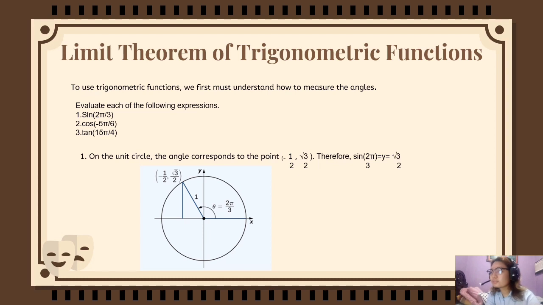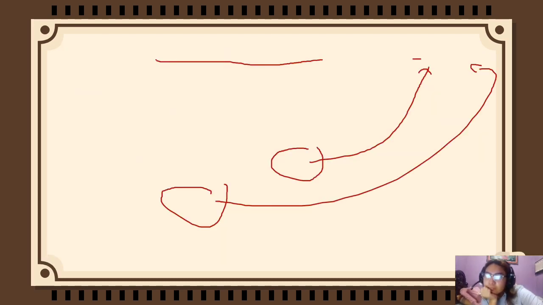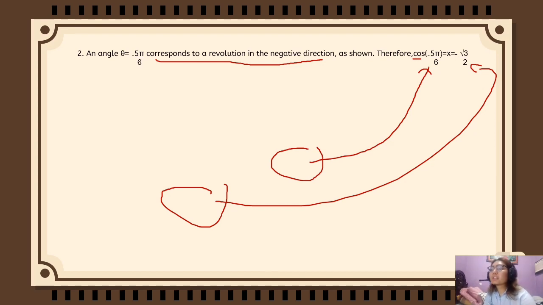Next equation. An angle delta equal to negative 5 pi all over 6 corresponds to a revolution in the negative direction as shown.